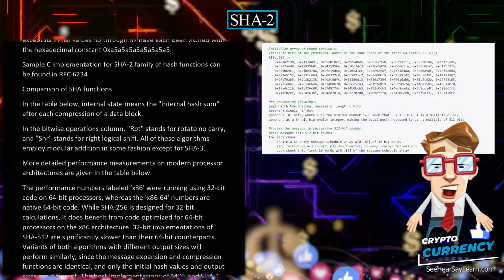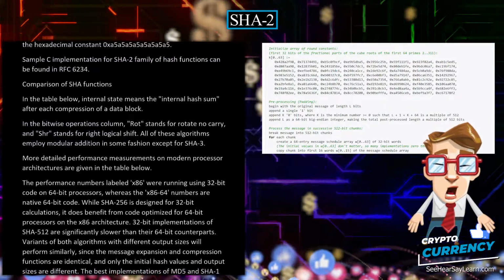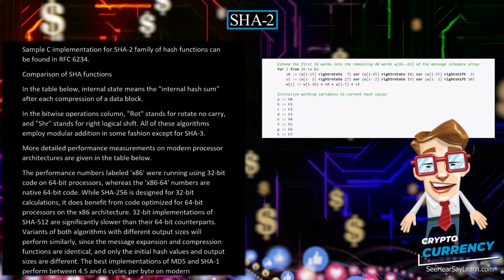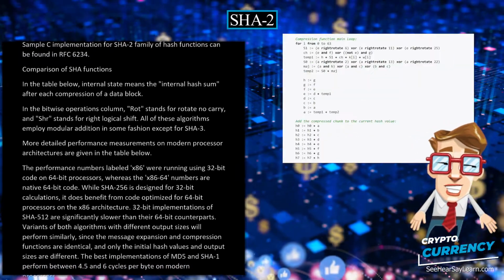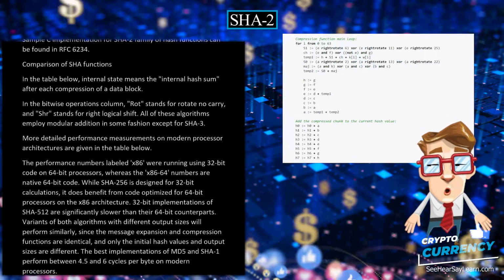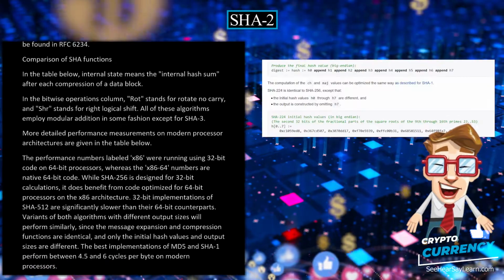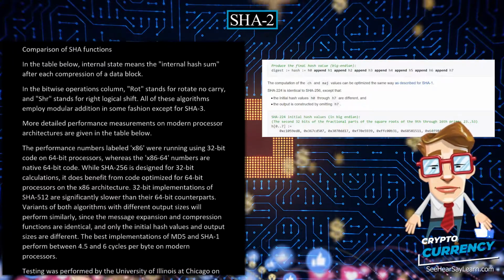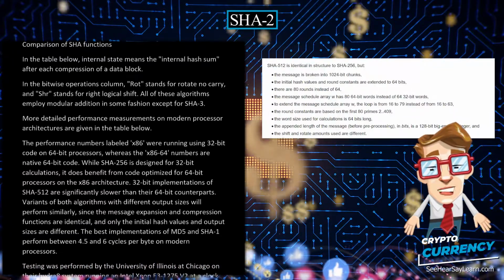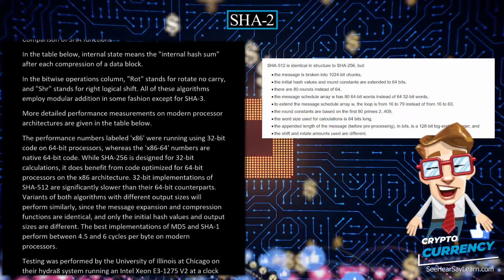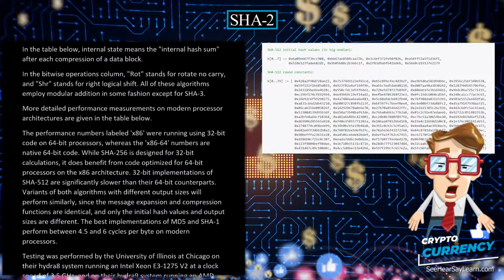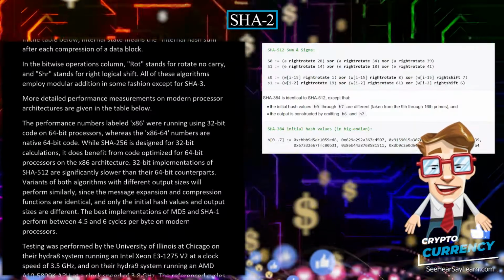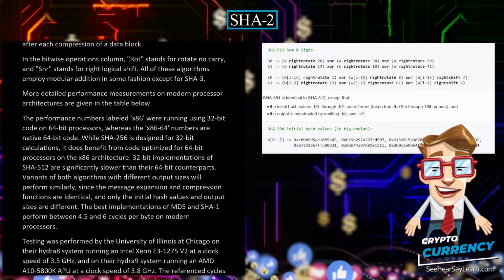While SHA-256 is designed for 32-bit calculations, it does benefit from code optimized for 64-bit processors on the x86 architecture. 32-bit implementations of SHA-512 are significantly slower than their 64-bit counterparts. Variants of both algorithms with different output sizes will perform similarly, since the message expansion and compression functions are identical, and only the initial hash values and output sizes are different.